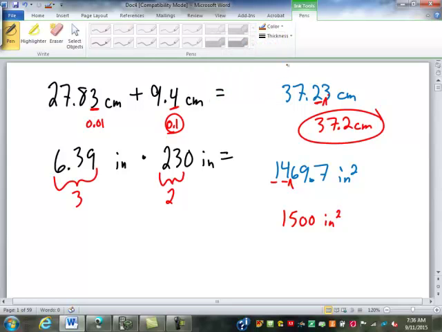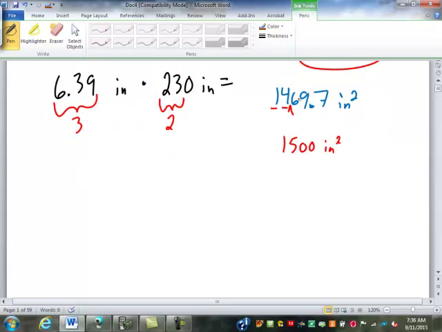Now, kind of a weird little example we can run into might look like this. See what you get there.